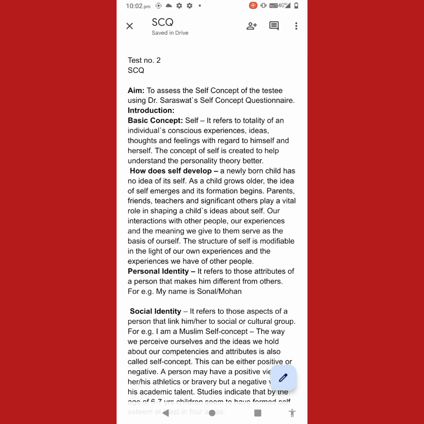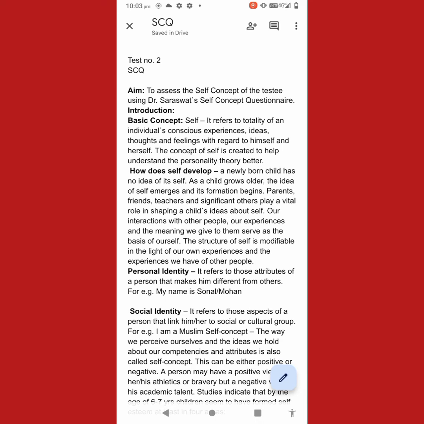So that would be your personal identity, and social identity would be related to your cultural group or the social group with which you are attached. For example, if you are a Muslim, that would be your social identity, or Hindu or Christian, that would be your social identity.